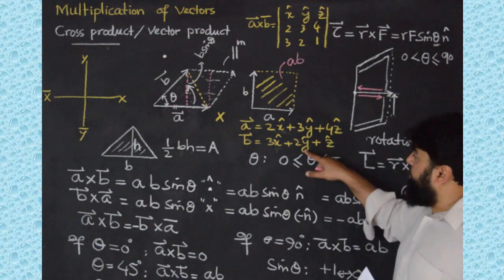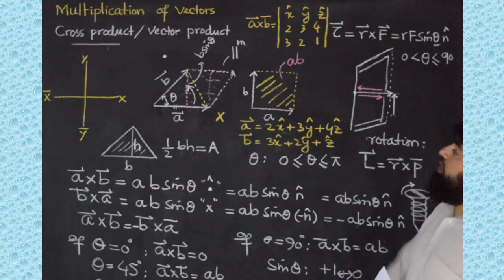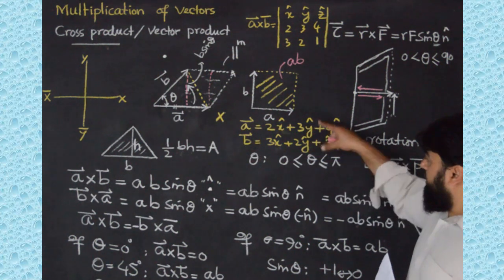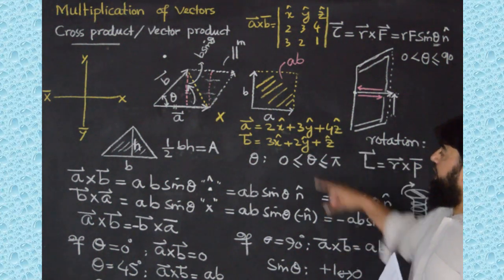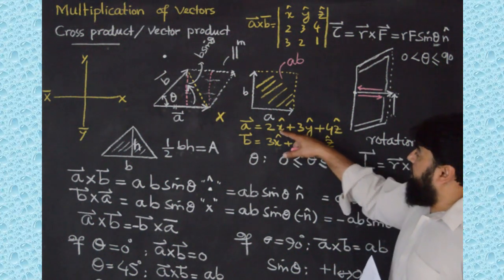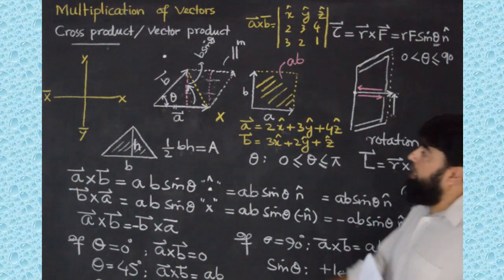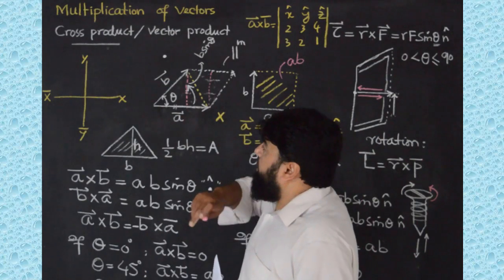For that reason this one is called the outer product. The inner components give 0, unlike the dot product, while the outer components actually give us the results. That's why it is also called the outer product.